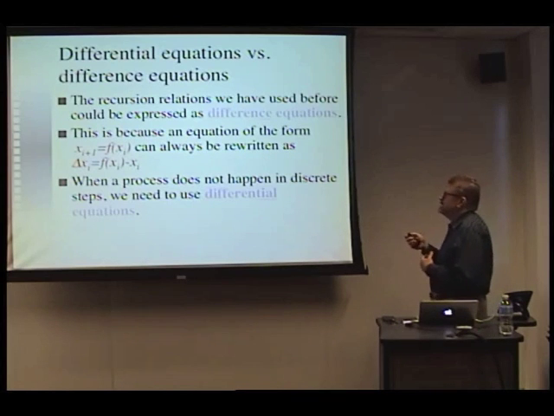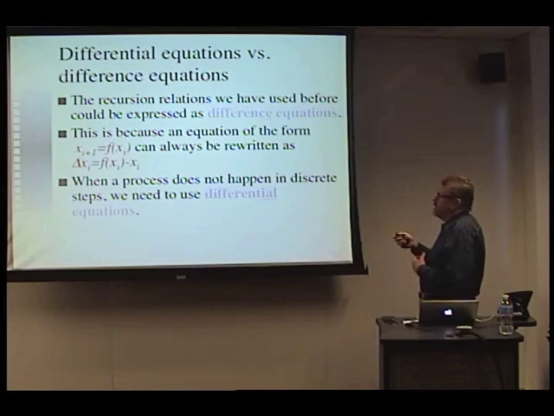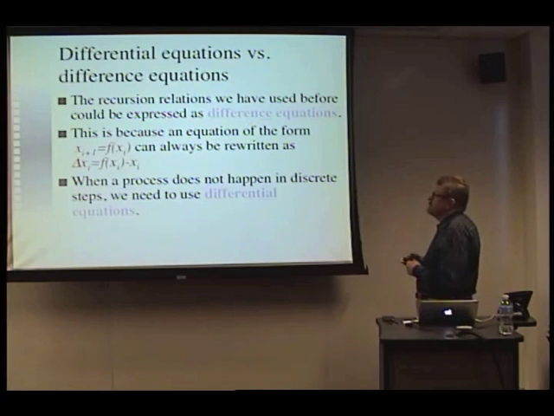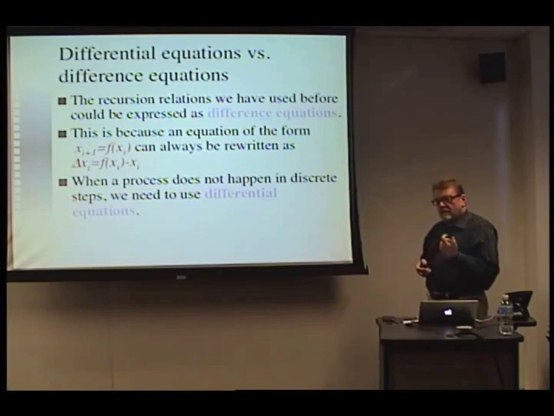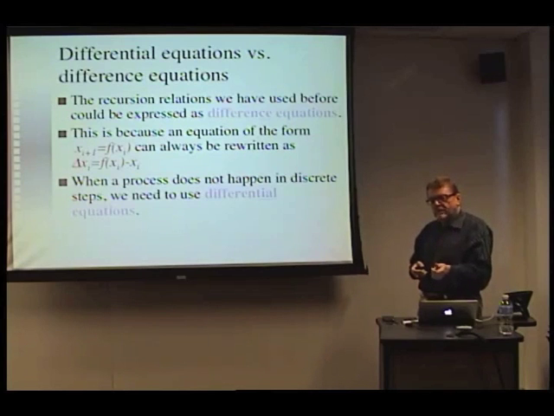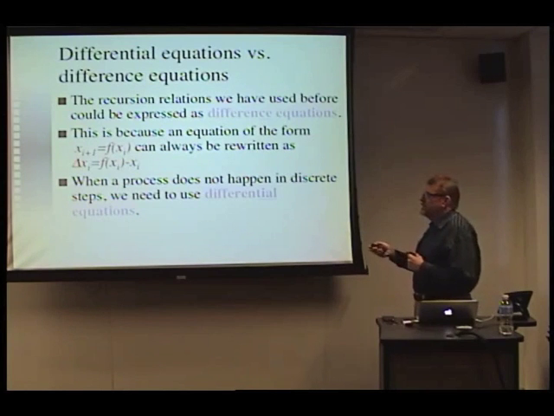Okay? If we're given a recursion relation, we can always express it as a difference equation, by which we mean an equation that tells us how much of a change there will be from one generation to another. So here's our recursion relation: the number of insects in the next generation is some function of the previous one.